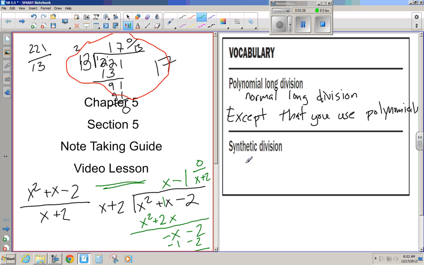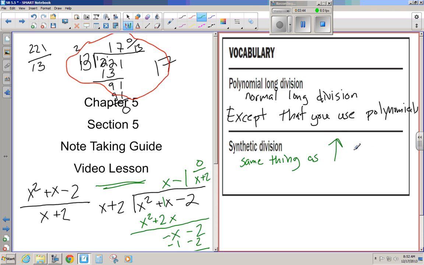Polynomial long division. We're going to use synthetic division, which does the same thing, but only works when you are dividing by something that is a binomial.